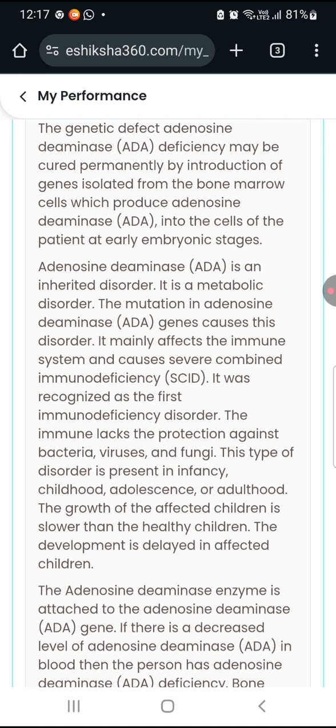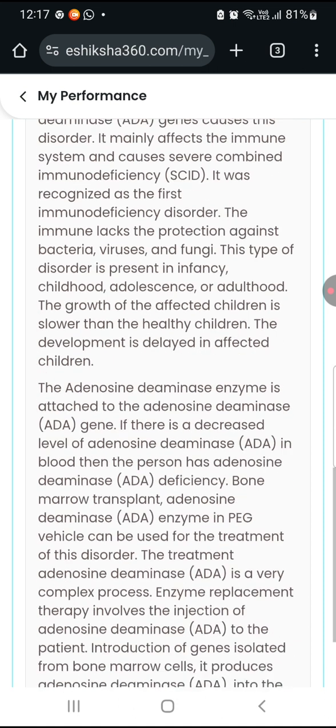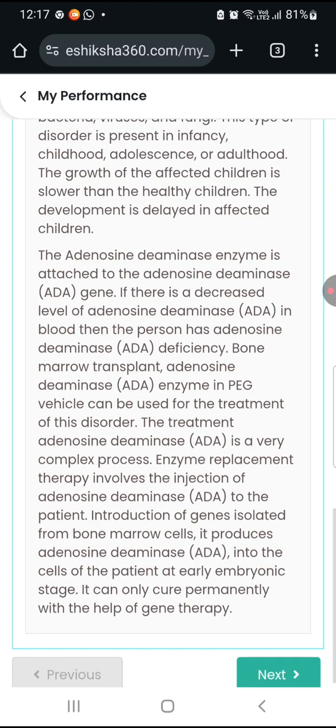The development is delayed in affected children. The adenosine deaminase enzyme is encoded by the adenosine deaminase (ADA) gene. If there is a decreased level of adenosine deaminase (ADA) in blood, then the person has adenosine deaminase (ADA) deficiency.